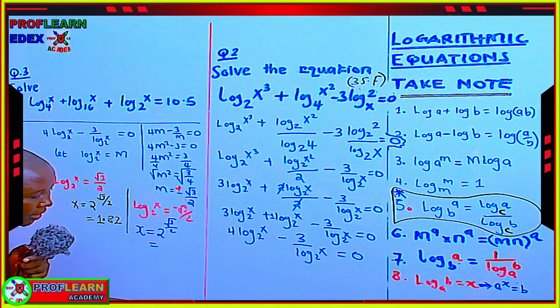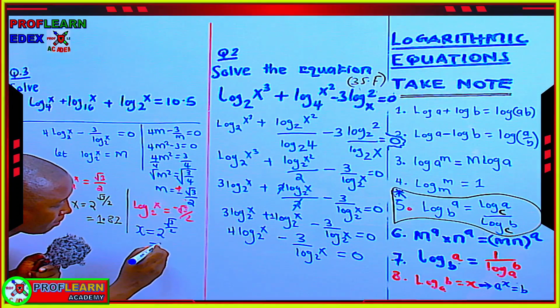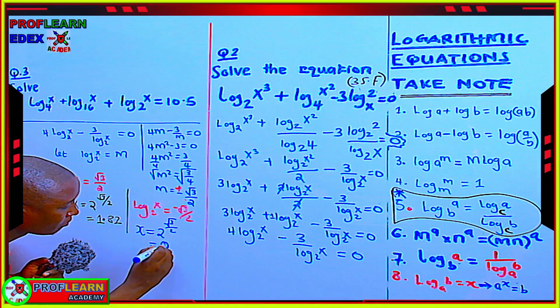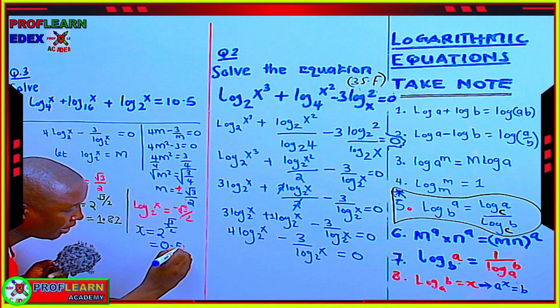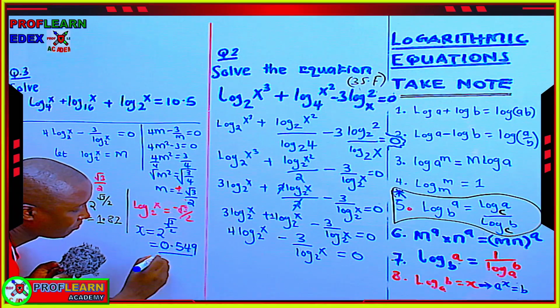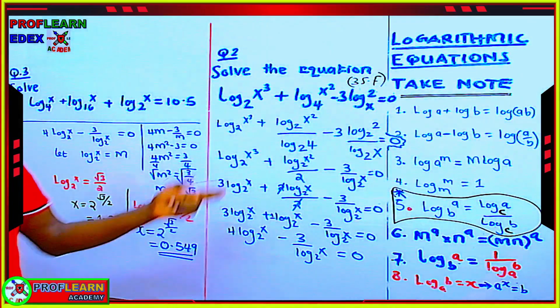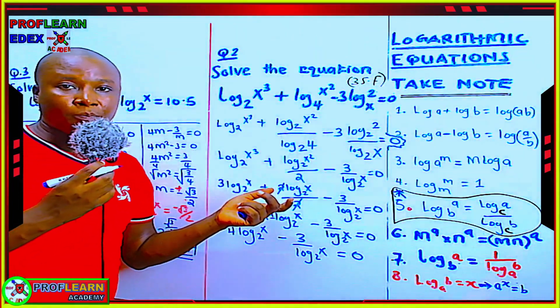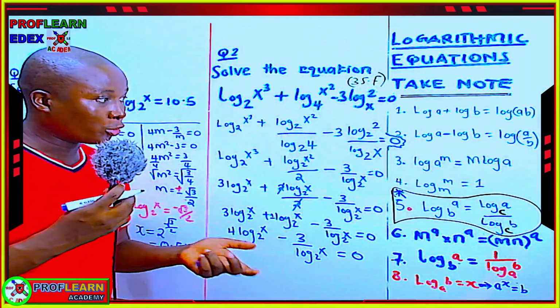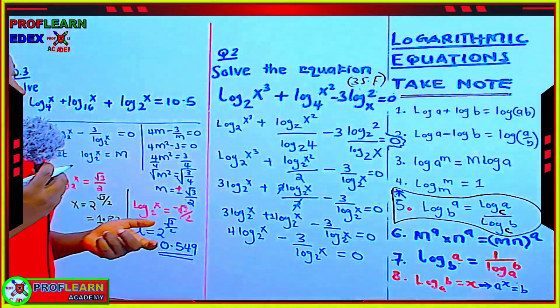And if you work it out, you are going to get your answer being equivalent to 0.549 as your final answer in this case. So for this problem, you are supposed to get 2 solutions for x.